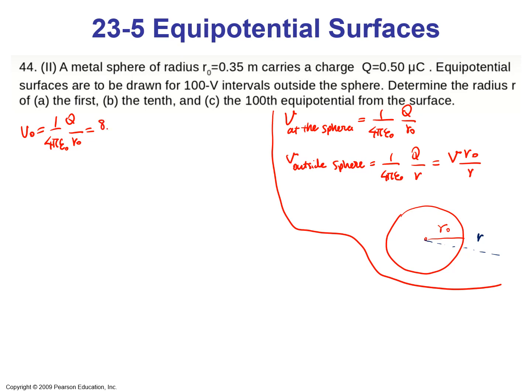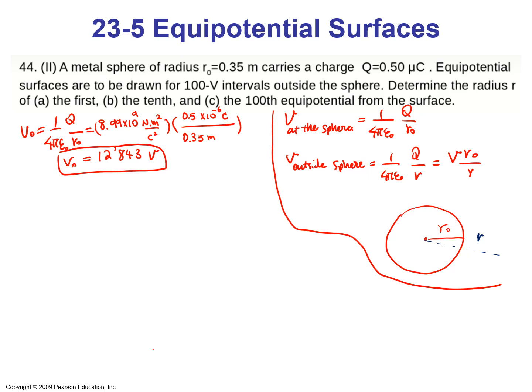So we have 8.99 times 10 to the power 9 newton meter squared per coulomb squared, multiplied by Q, which is 0.5 times 10 to the power minus 6 coulomb, divided by 0.35 meter. It simplifies to V naught equal to 12,843 volts.